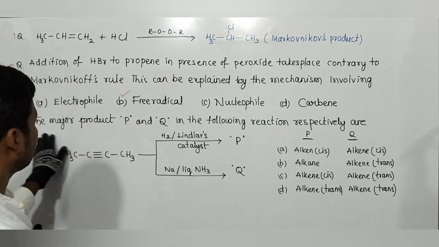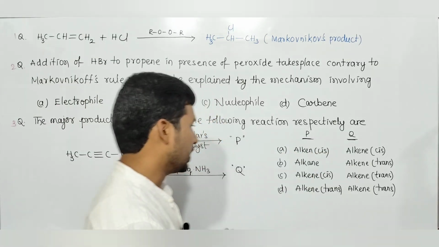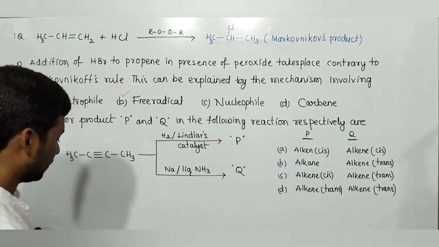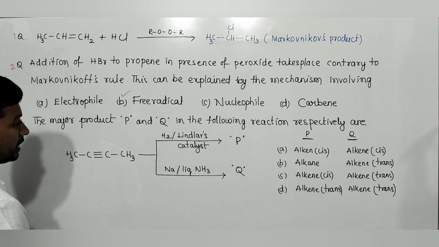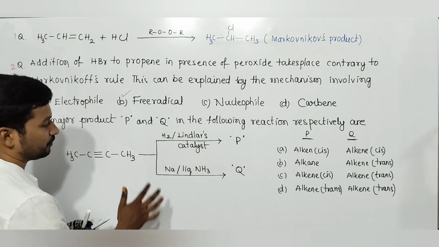Next, see this question. The major products P and Q in the following reaction, respectively. These are the options. First, see this question. This is an alkyne. On alkyne, this is Lindlar catalyst.